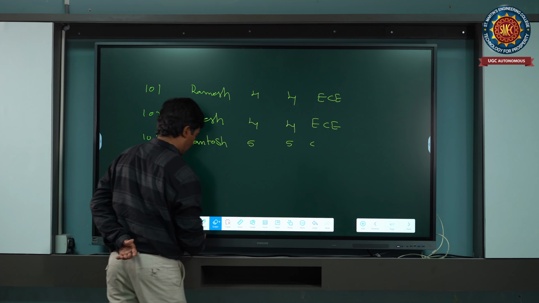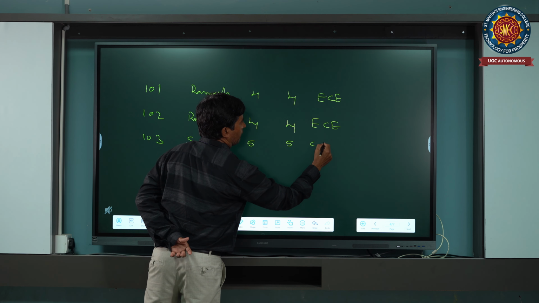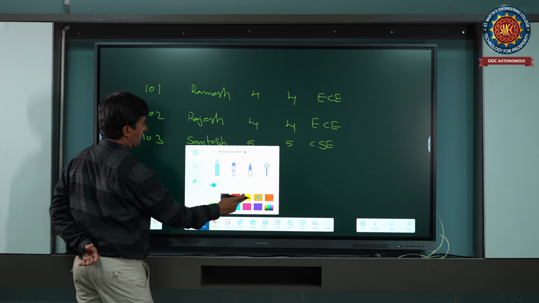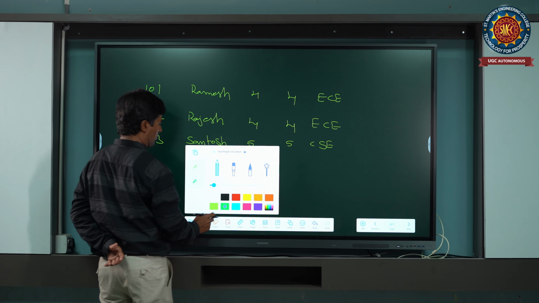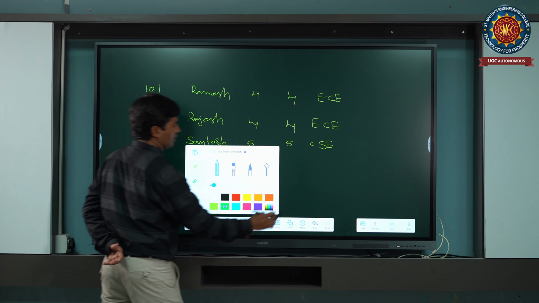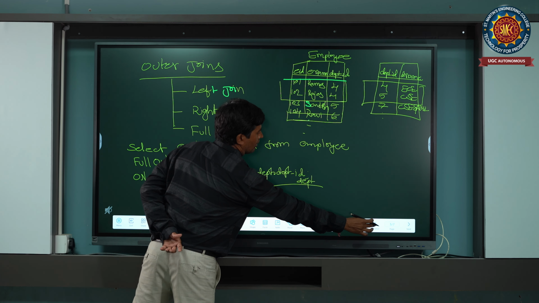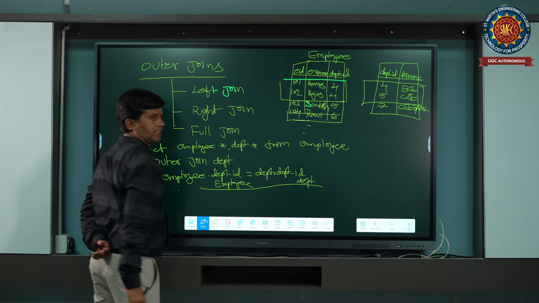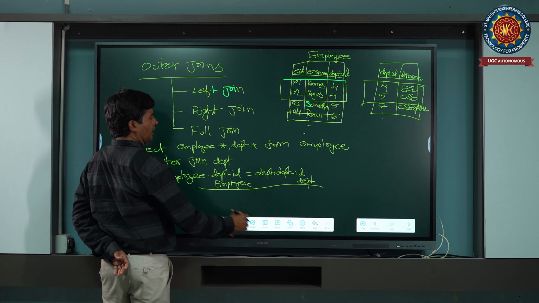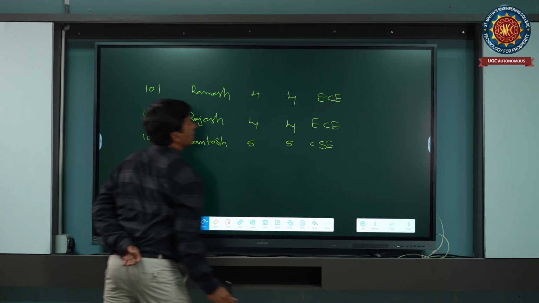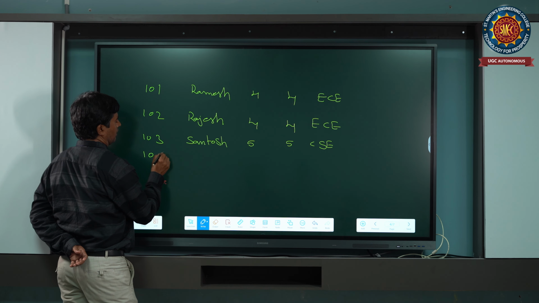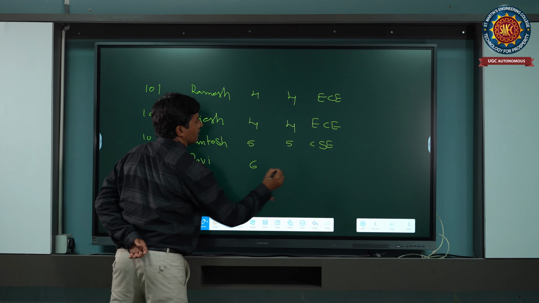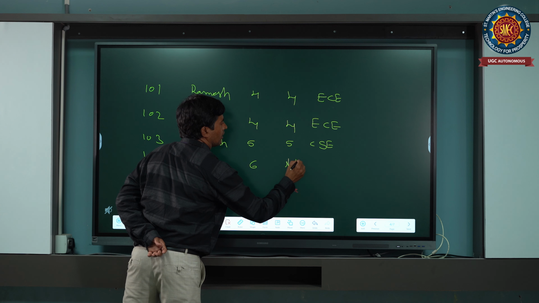Next, we select the unmatched record from the employee table. Which record do we observe? 106 Ravi, department number 6, is the unmatched record, so the department value is displayed as null.